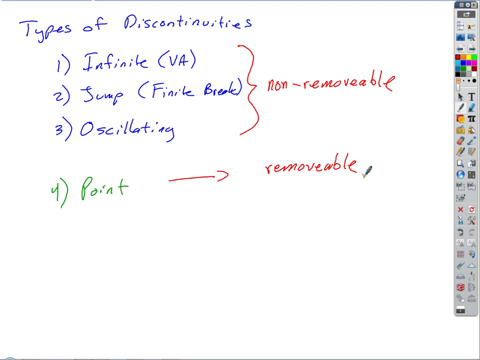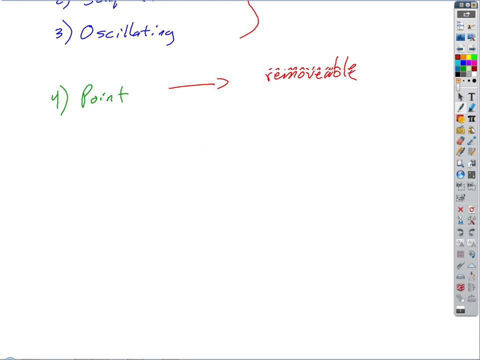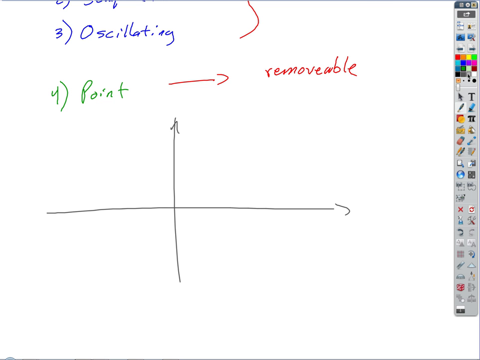So this fourth kind here, the point discontinuity, that's really one of two things. It's either this or that. The dot could be below or above, right? But in either case, all I have to do is either add a point or move a point. And that's it, one point though. And I repair the discontinuity. All of the other ones would require me to move an infinite number of points. Obviously a vertical asymptote would, right?